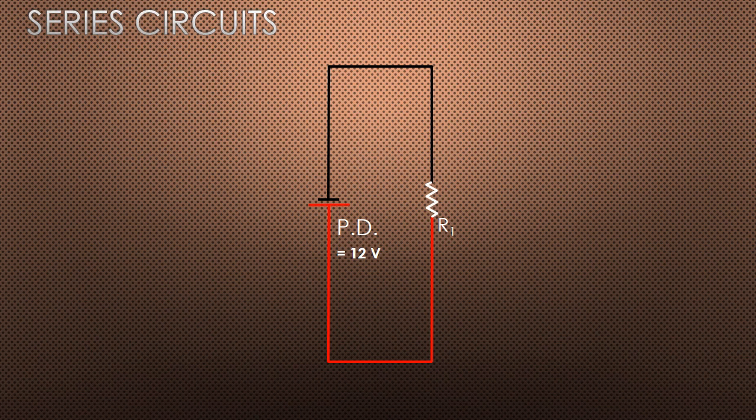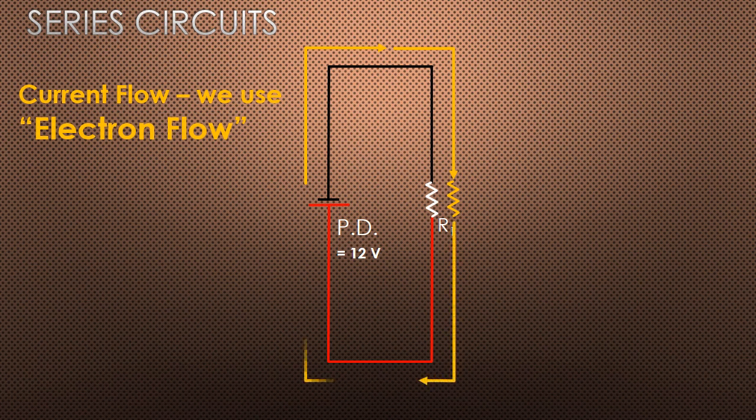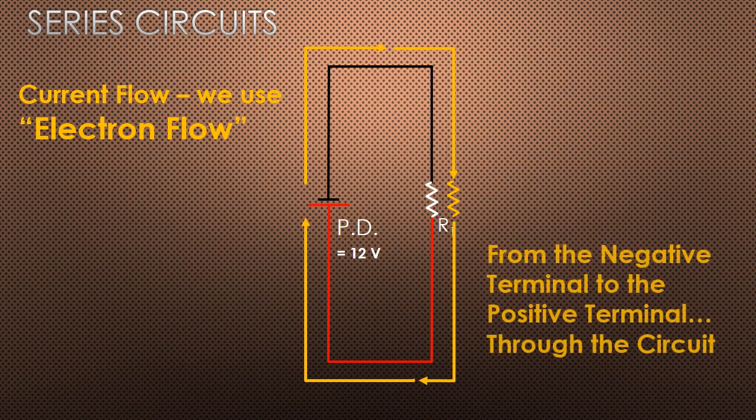So our PD, our potential difference, equals 12 volts. Electron flow, we go from the negative through the loads and back to the positive.